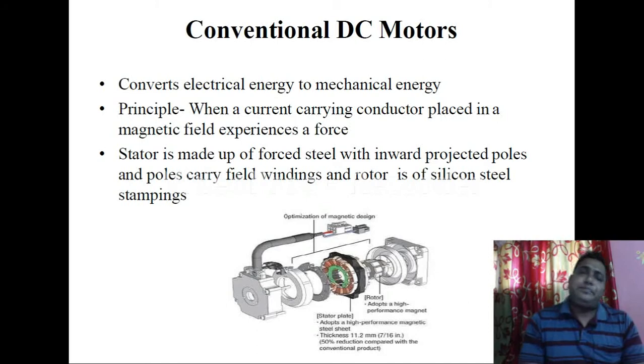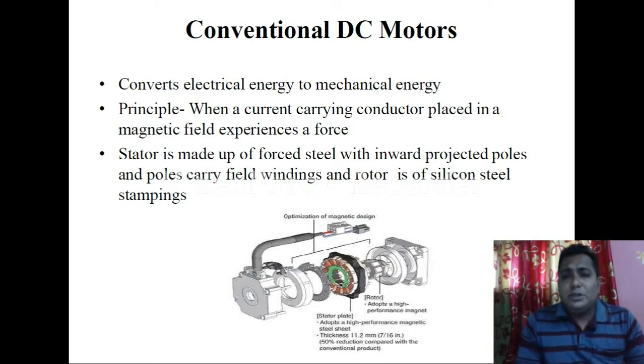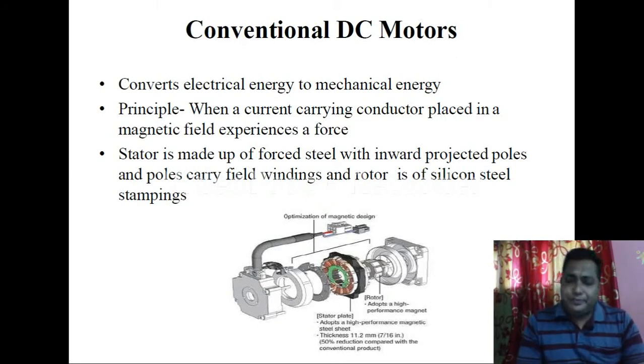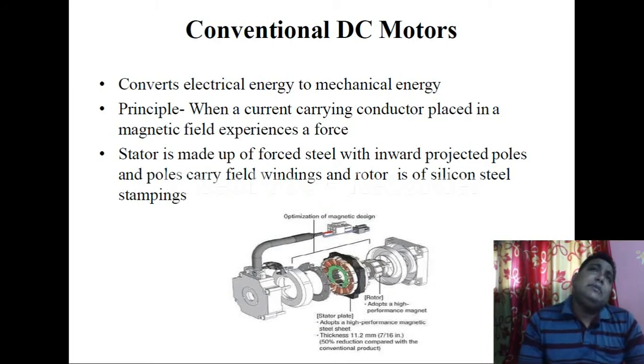As we are discussing a motor, the electrical energy is given as input and we get mechanical energy as output. The working principle of a DC motor depends upon the fact that a current carrying conductor placed in a magnetic field experiences a force.